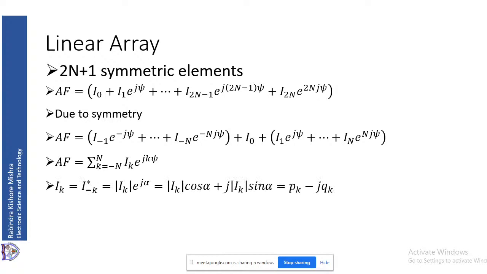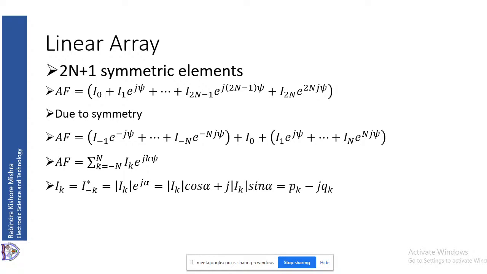If you look at this, then I can write Ik is equal to I minus k star, where star is the complex conjugate. That gives you the complex conjugate. That we can write as Ik amplitude exponential j alpha.